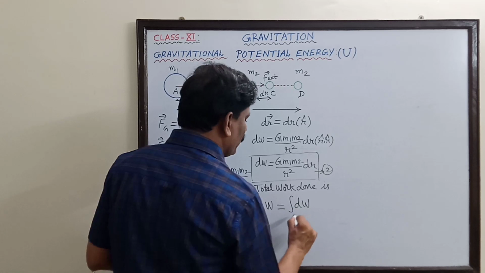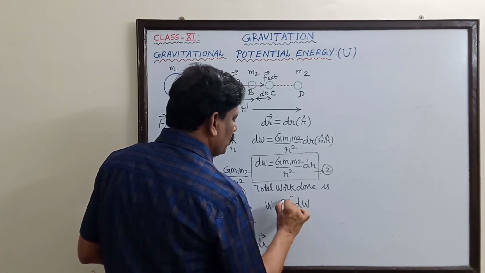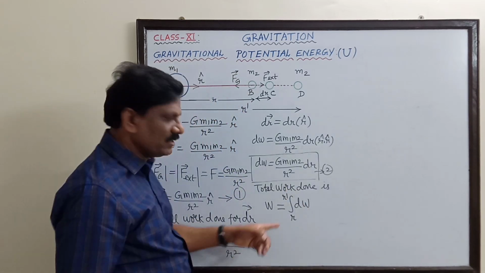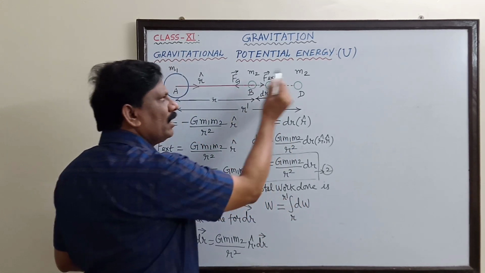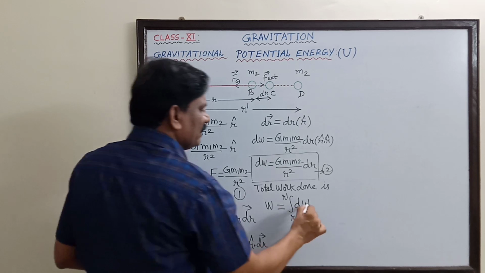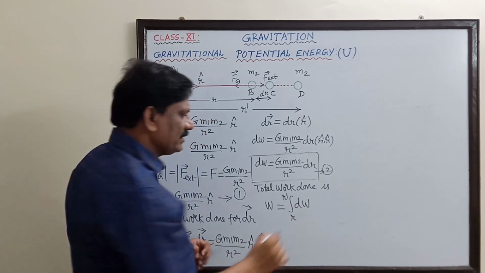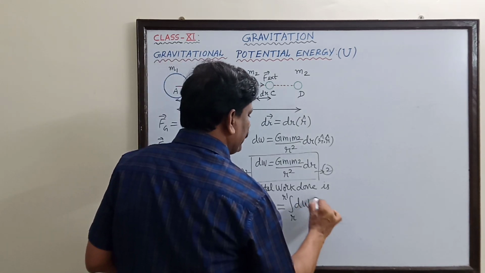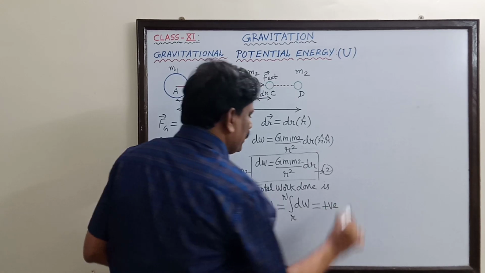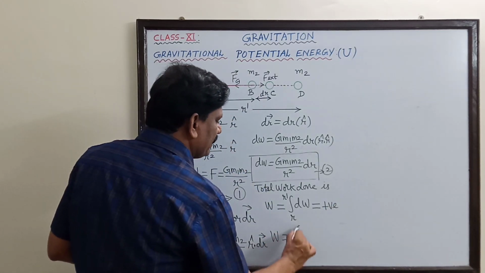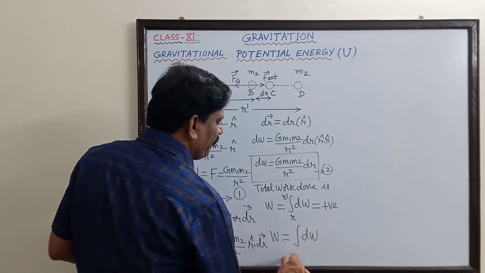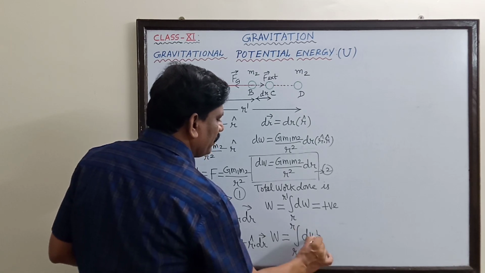Suppose I take r to r dash, then work is done on the system and the work done will be positive. Suppose you take the work done as the integral of dW from r dash to r.